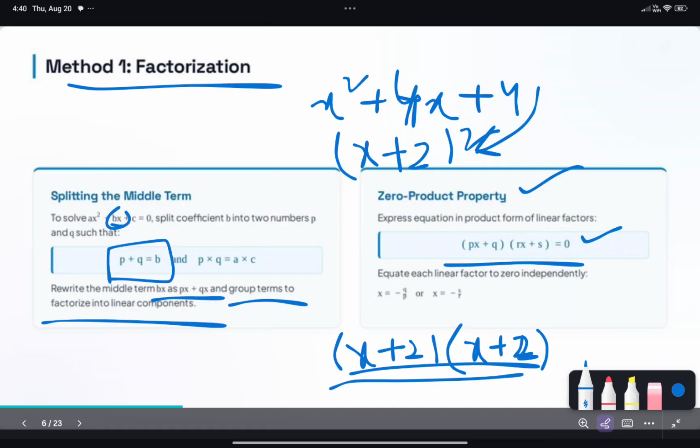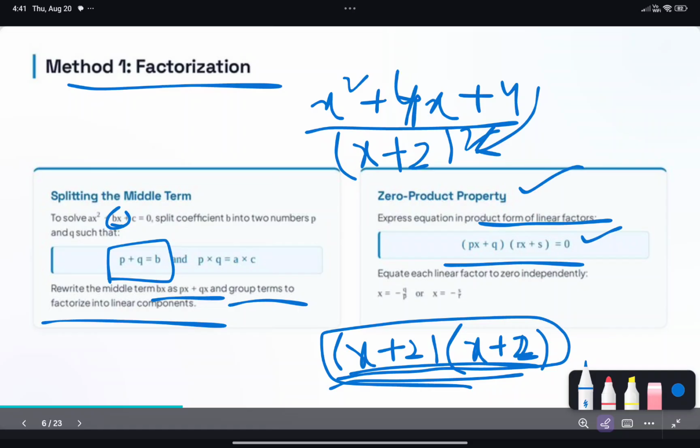See, zero product property: express the equation in a product form of linear factors. These are the product form of linear factors, px plus q into rx plus s. Clear? Do you have any doubt?